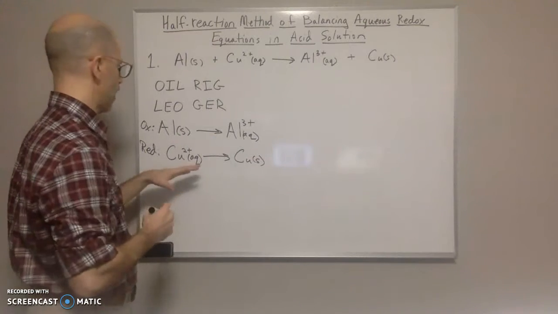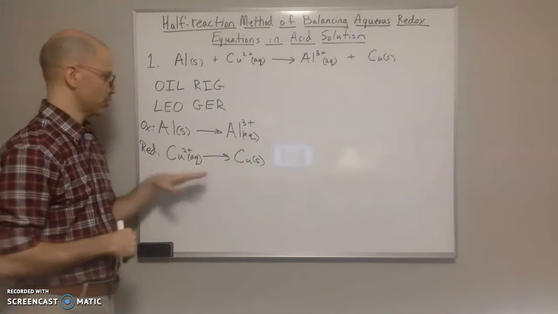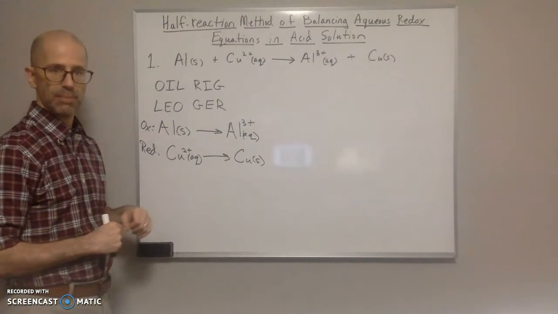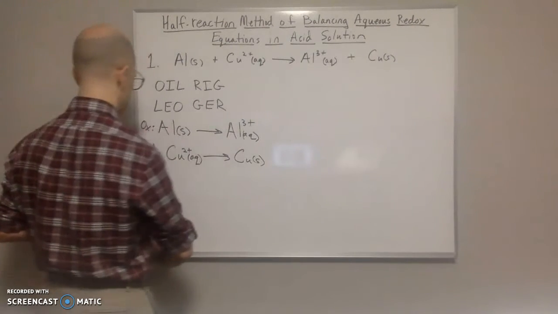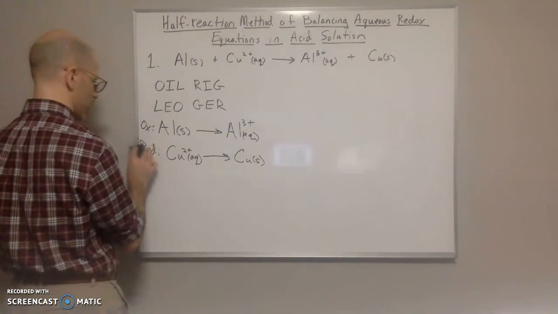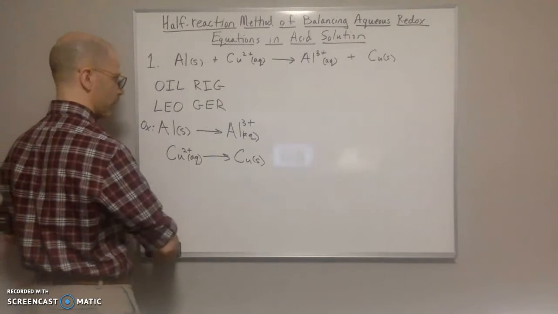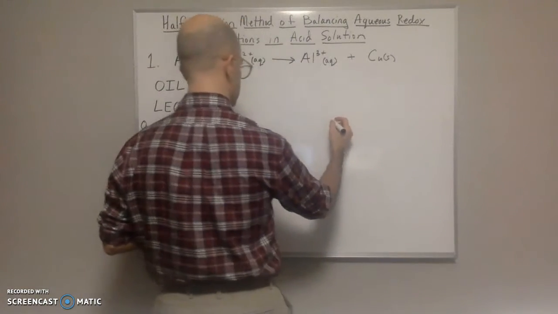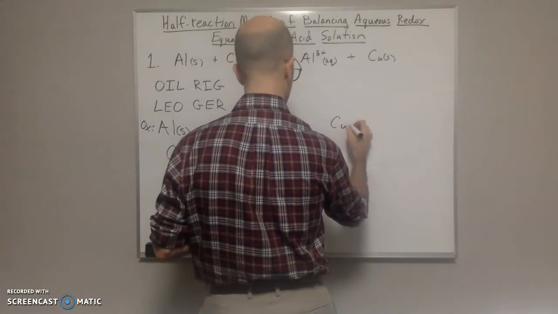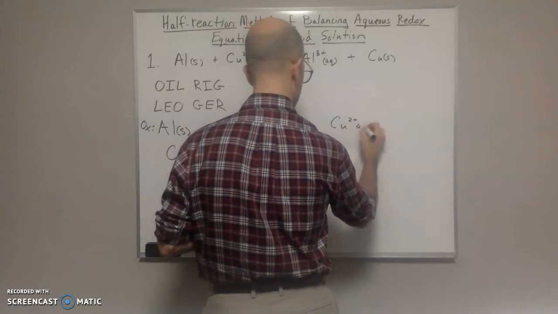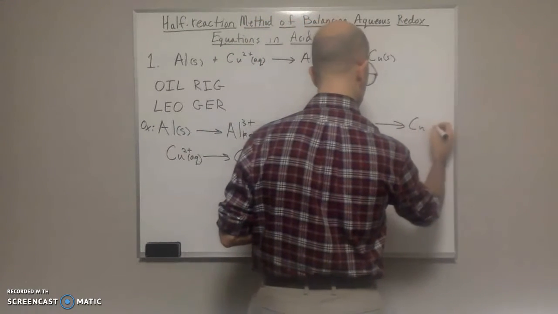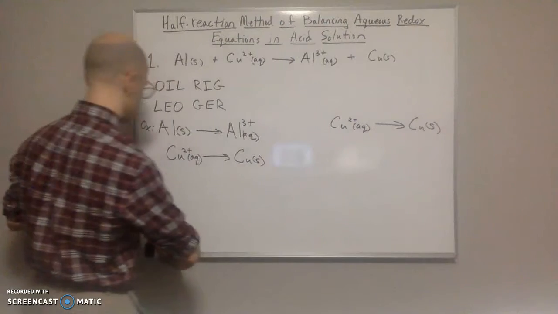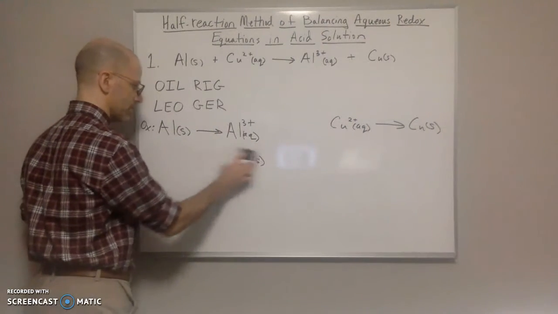Okay, so now that we have the two half reactions, we're going to balance these separately. So I'm going to bring the reduction side over here. So Cu 2 plus aqueous goes to Cu solid.